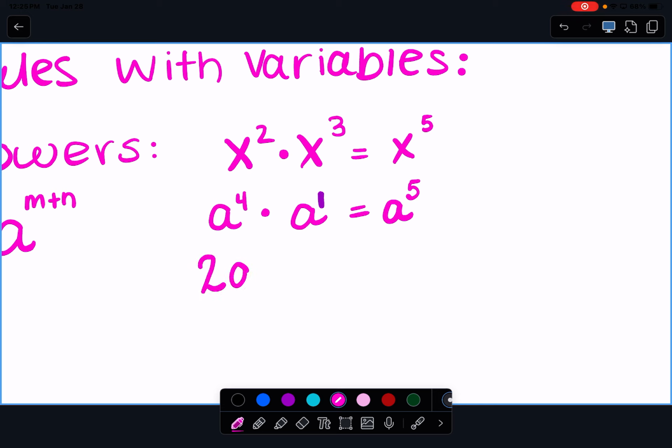Now we're going to look at 2a to the second times 4a to the fourth.